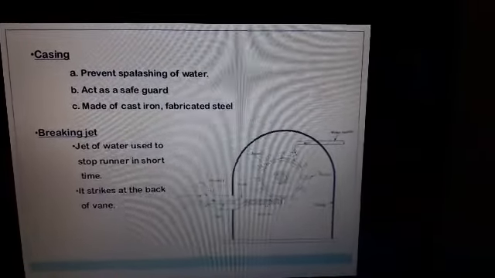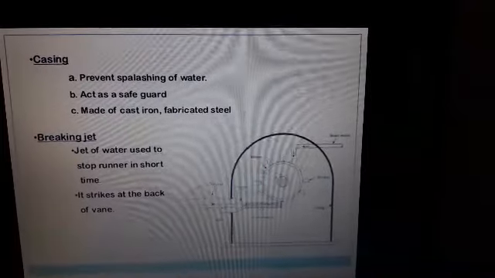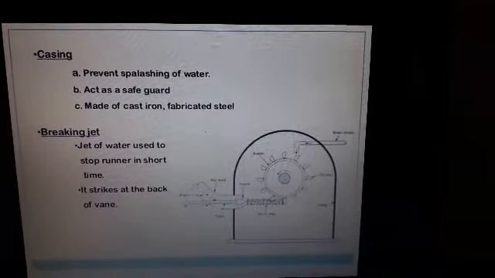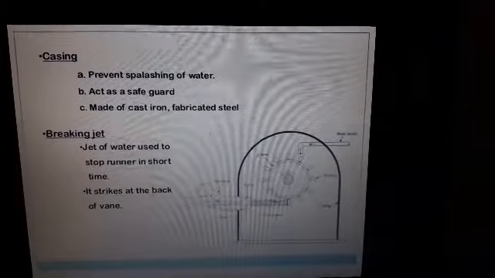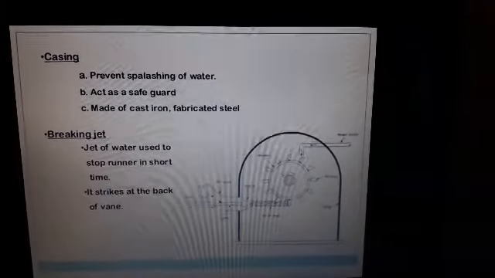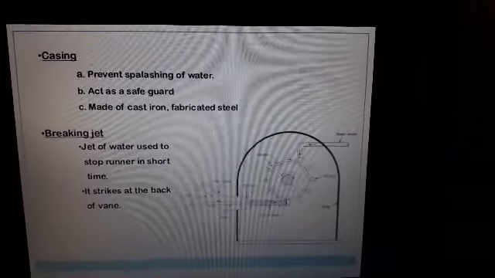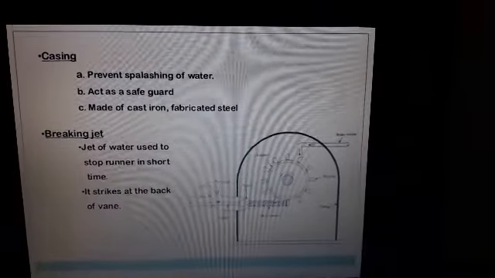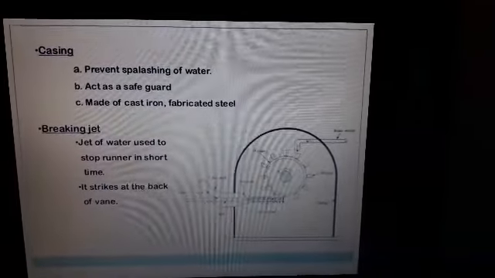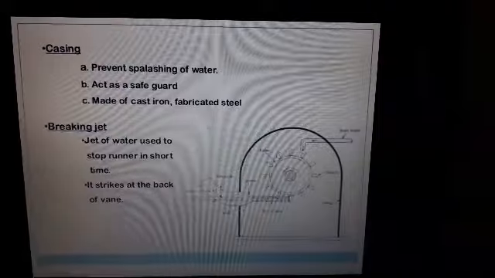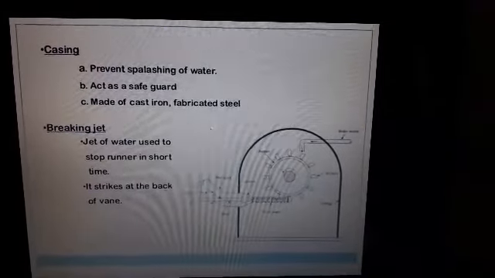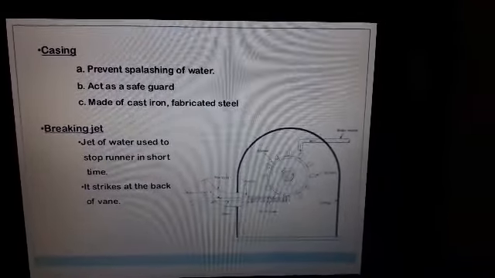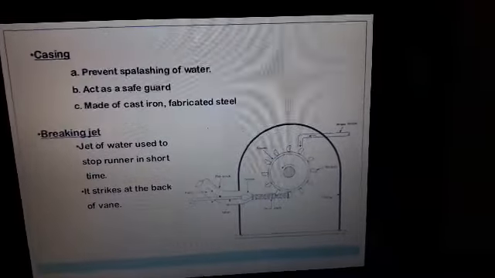Whenever an opposing force is exerted in the opposite direction of rotation, the runner stops. So the braking jet is used to stop the runner whenever the supply of water is cut off.